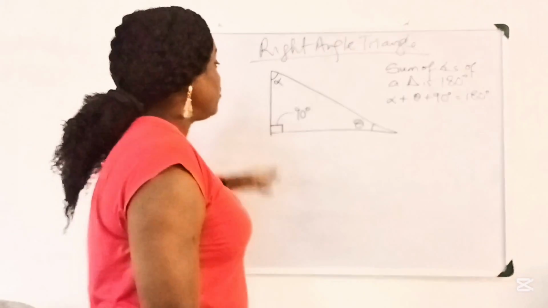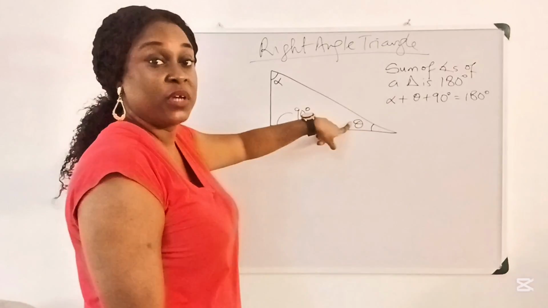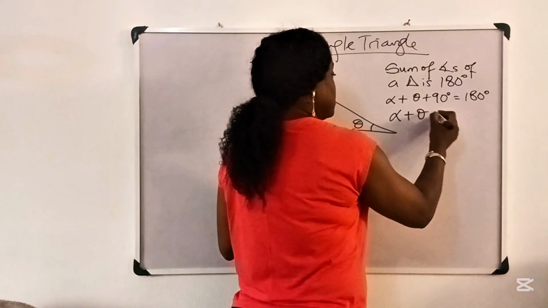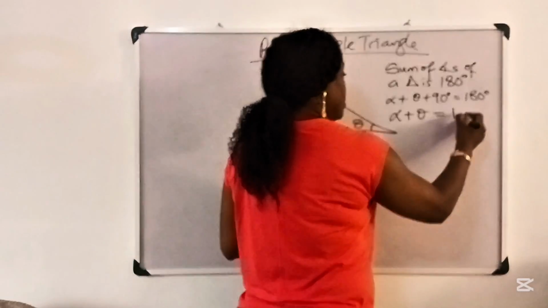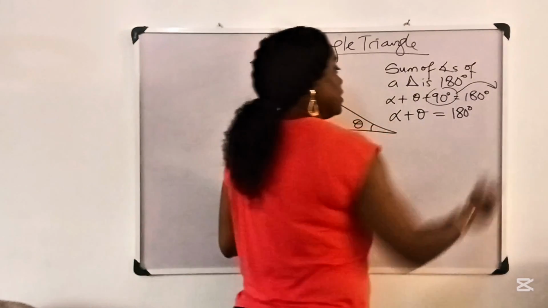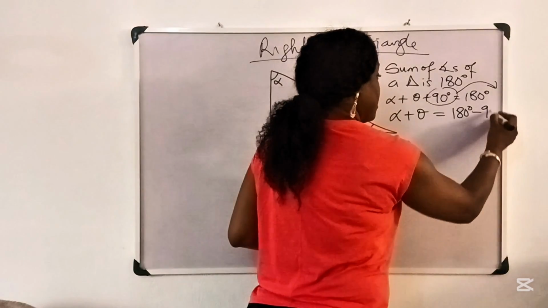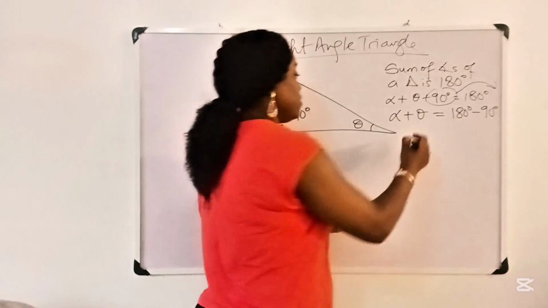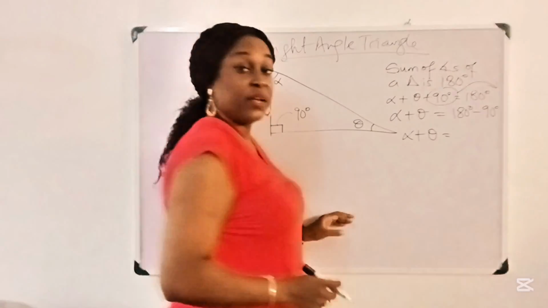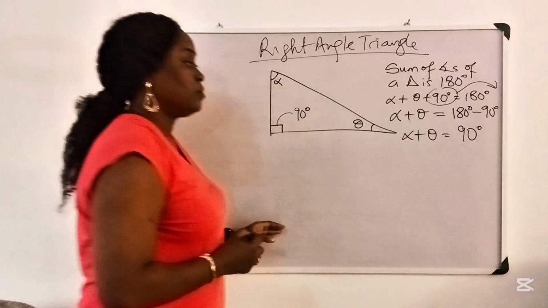Therefore, the 90 moves to the other side and becomes negative 90 degrees, so the sum of the two complementary angles of a right angle triangle, alpha plus theta, will give us 90 degrees.